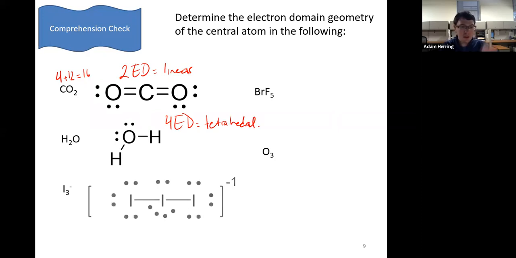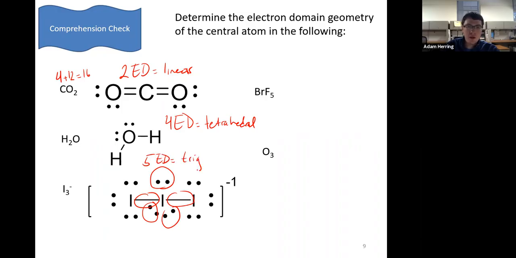I3 minus. This is a string of iodine atoms bound to each other, and we have 3 sets of lone pair electrons on the central iodine. That means that the central iodine has 5 electron domains, and this would be trigonal bipyramidal.